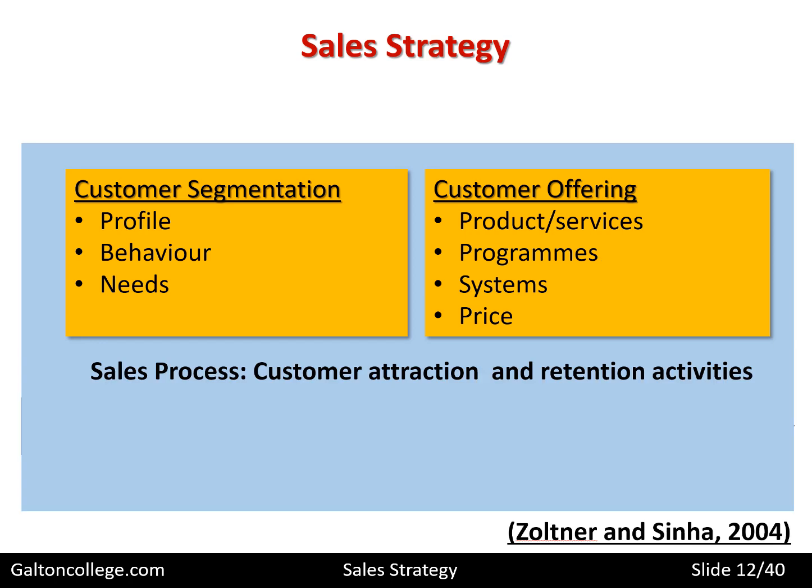Now, the sales process, we start with customer attraction and retention activities. And this is based on this article by Saltner and Sinha in 2004. So we could start by saying we have lead generation.